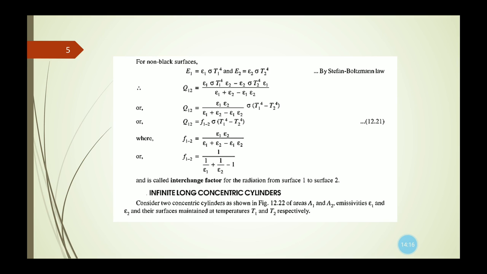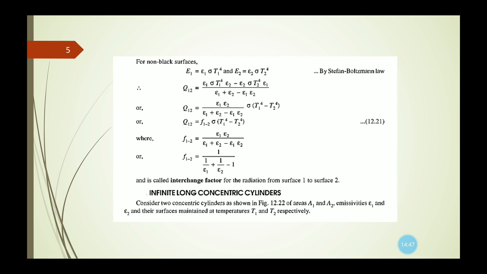Now if we put this value of E1 and E2 in the earlier equation, that is 12.20, in that case we get Q12 equals F12 sigma (T1 to the power 4 minus T2 to the power 4) as equation number 12.21. Now what is this F12?